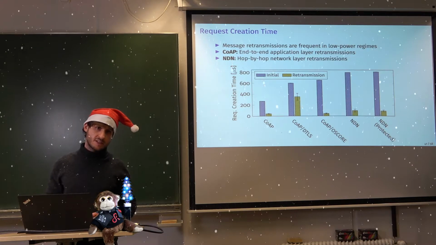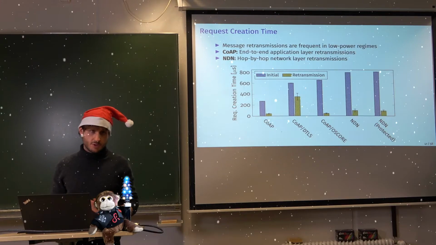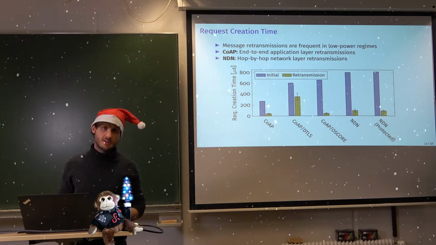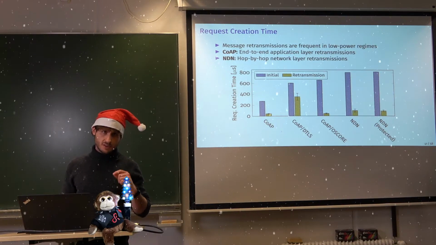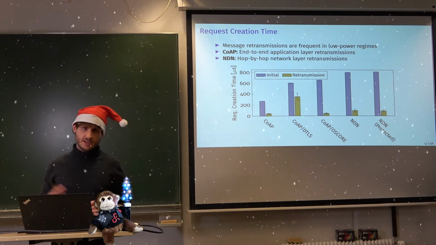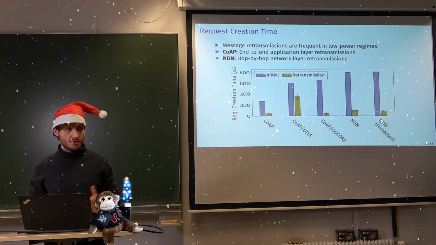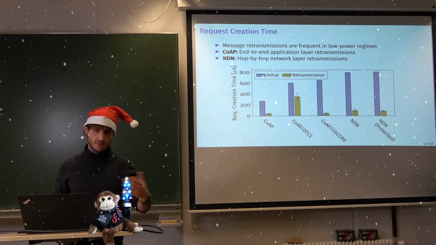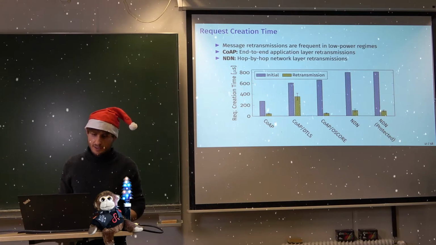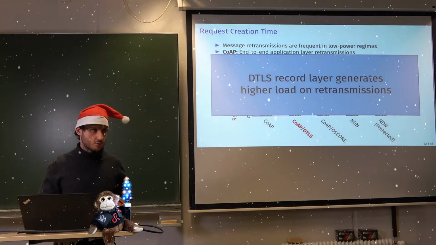But for CoAP with DTLS, the creation time is much higher, and this is because of the layering. DTLS is below CoAP, which means that every CoAP message has to traverse the record layer again, and we need to do all the encryption again to send the packet out. And this is why the DTLS record layer generates a higher load on retransmissions.